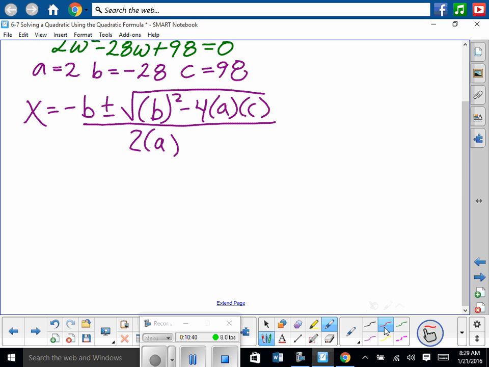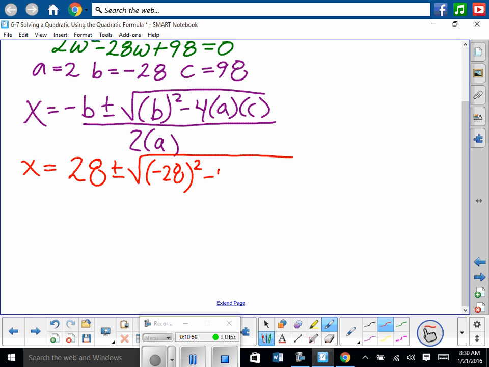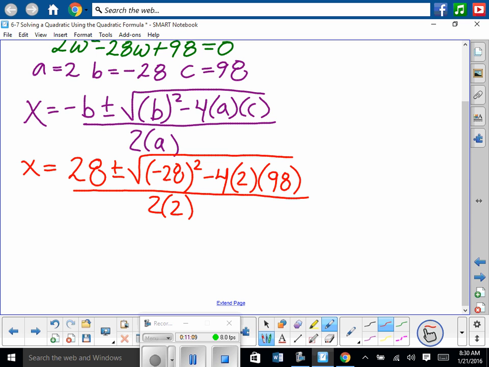So x equals the opposite of b, the opposite of negative 28, which would be positive 28, plus or minus the square root of b squared, which needs to be in parentheses, negative 28 squared minus 4 times a, which is 2, times c, which is 98. And that's all over 2 times a, which is 2 times 2.